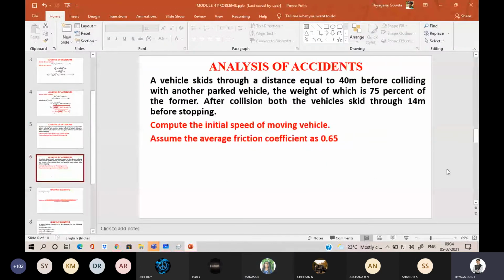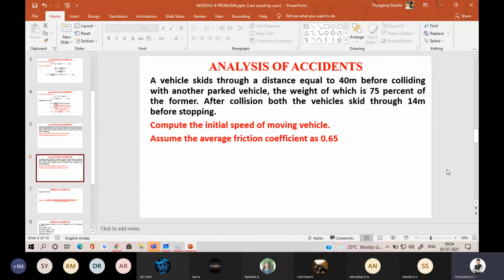Note the next problem. This is also very simple. A vehicle skids through a distance equal to 40 meter before colliding with a parked vehicle, the weight of which is 75% of the former vehicle. After collision, both the vehicles skid through a distance of 14 meter before stopping.